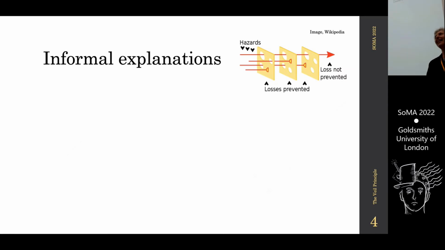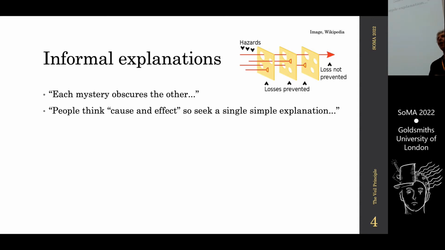So there are many informal explanations for why this works. One is what they call the Swiss cheese principle, which is also well known in security, where you've got several different mysteries, but the hidden bits are in the wrong places for each other. Another explanation is that people think in terms of cause and effect, and they just look for one reason, so they don't think to look for more than one reason.